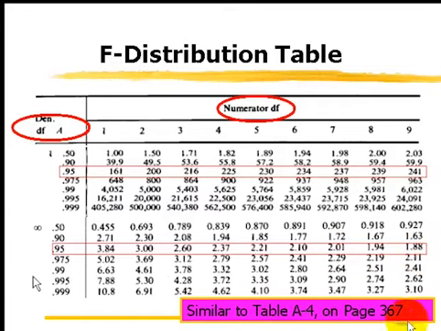And if you go back to 367, what you'll see is, in this 1.95 with 1 degree of freedom, it's 161. With 2 degrees of freedom, it's 18.51. With 3 degrees of freedom, it's 10.13. So as you can tell, the critical value goes down as the number of people in the study increases, again, similar to what you would find in the t-distribution.